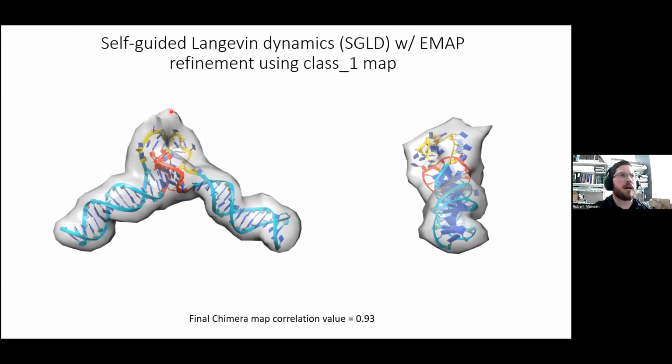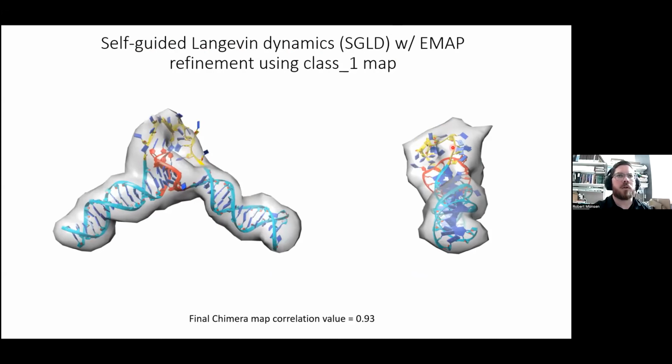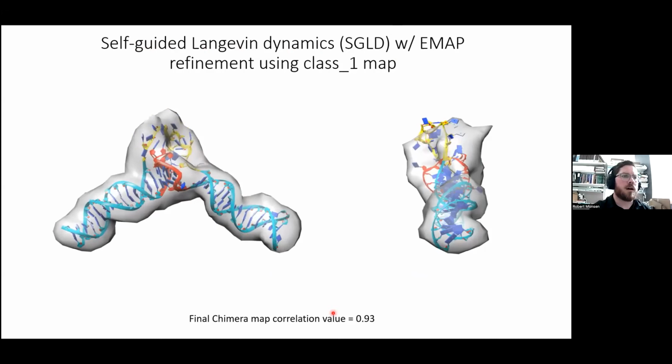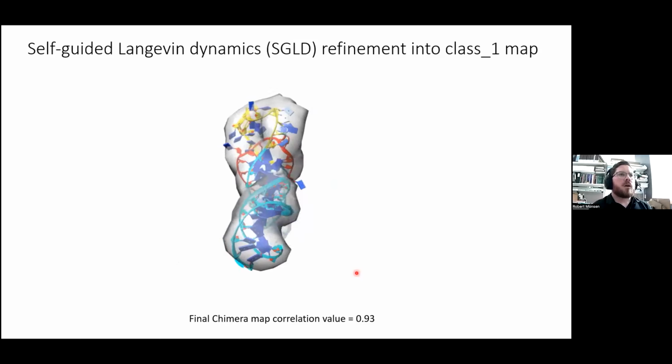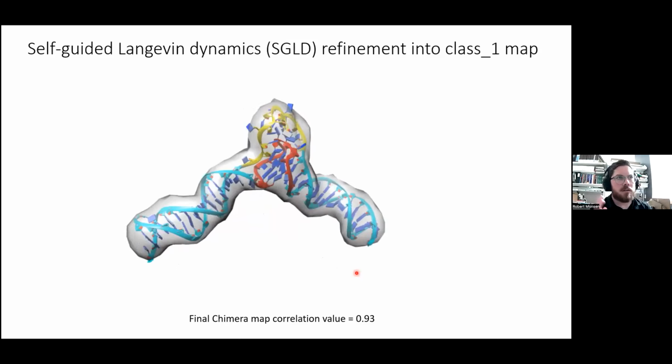And so you can see how it's kind of fitting in throughout the course of the simulation. The final map correlation value was 0.93 here. And so this is just kind of spinning it around and showing the different views.